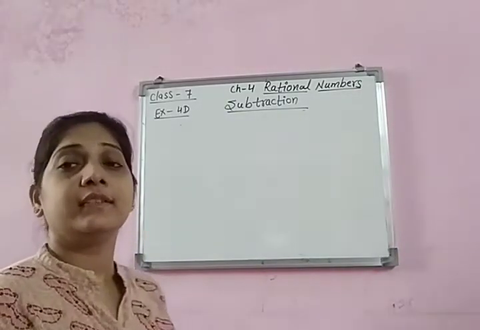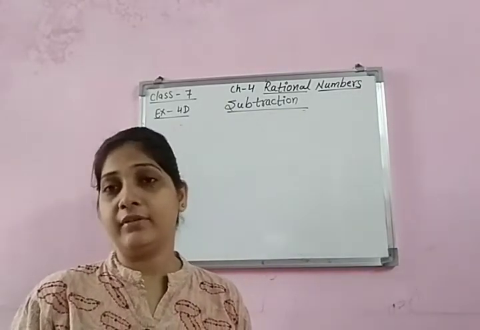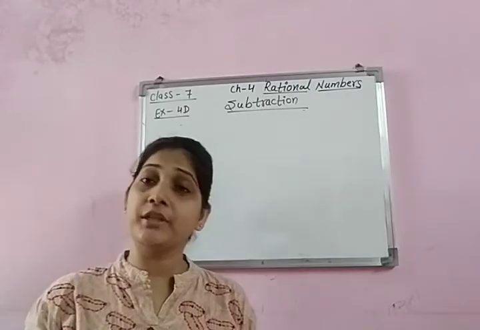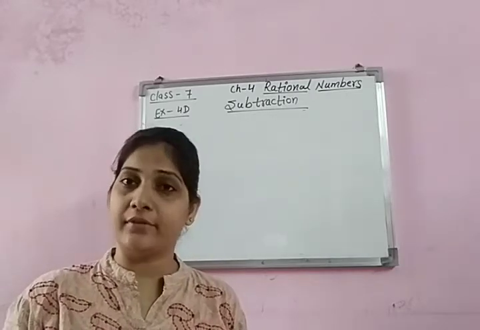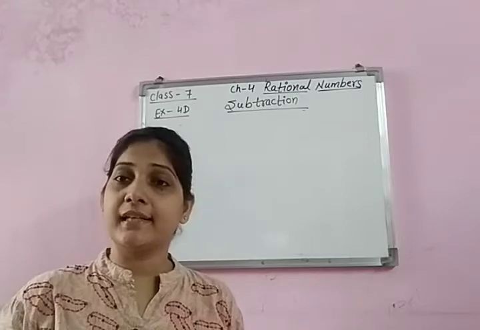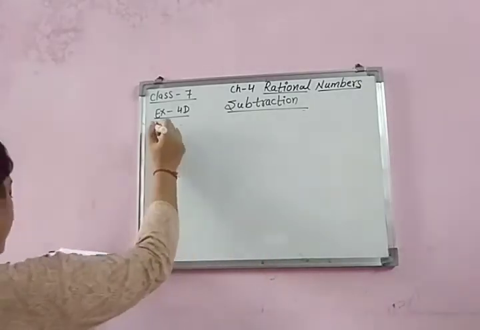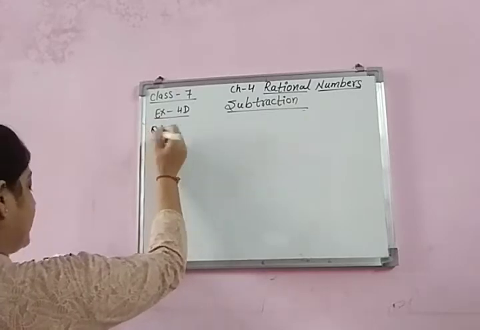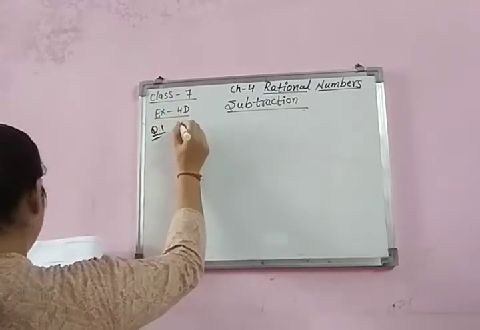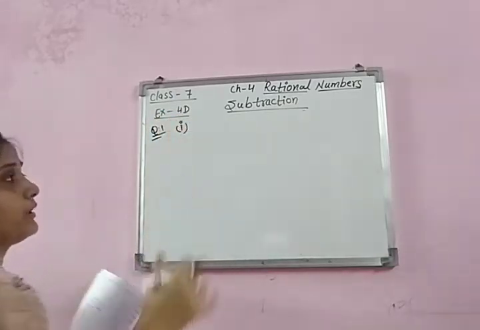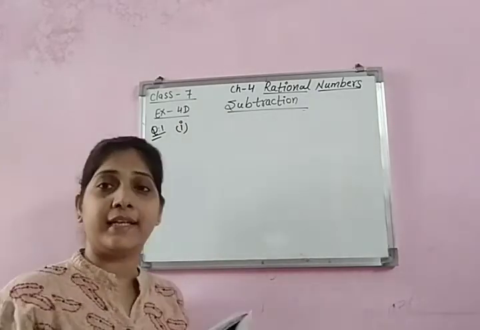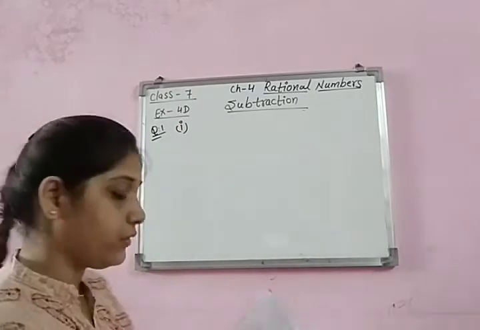So first we are doing exercise 4D, and in this, question number 1, page number 72. It says find the additive inverse of. Some questions are given, and we need to find the additive inverse. So remember, if positive is given you have to write negative, and if negative is given you have to write positive.